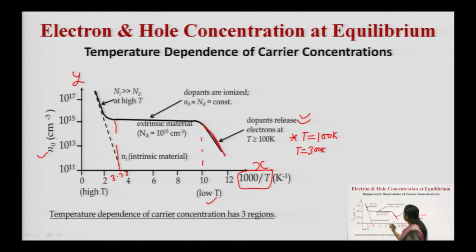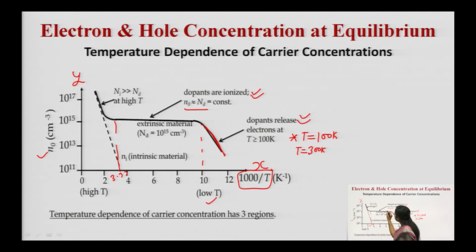But when the temperature is increased from that point, the dopants are already ionized, so N naught is equal to ND, which is constant. N naught is the electron concentration, and ND is the carrier concentration for the donor atoms, because each and every donor atom is contributing 1 electron. So these two terms will be approximately the same. The number of electrons will be the same as the number of donor atoms.